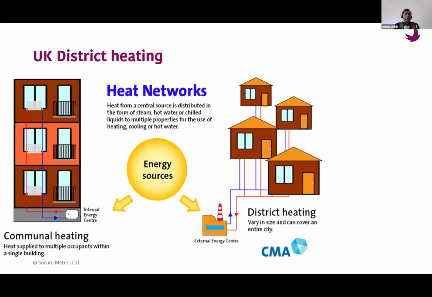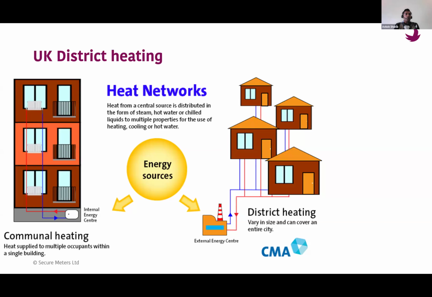So typically this is how they use it. Every house has some kind of heating mechanism at home. If it is a society, then at the society level they will have it, and you can see this red and blue line going. So they have this kind of heating mechanism.